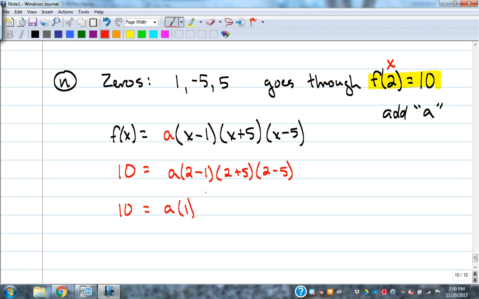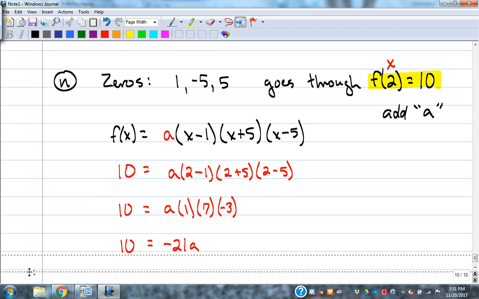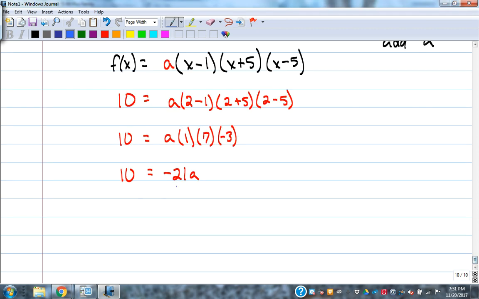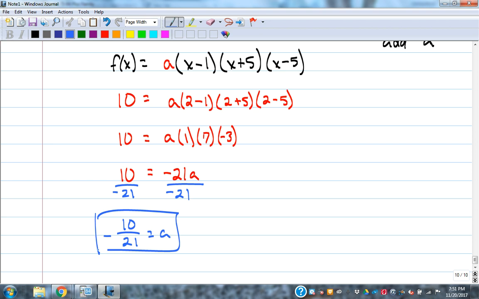So 2 minus 1 is 1. 2 plus 5 is 7. 2 minus 5 is -3. 1 times 7 is 7 times -3 is -21a is equal to 10. How do I get a by itself? Divide by -21. 10 over -21, or -10 over 21. That's what a is. We're going to use that at the end. Okay? We found it at the beginning so that we could use it at the end.